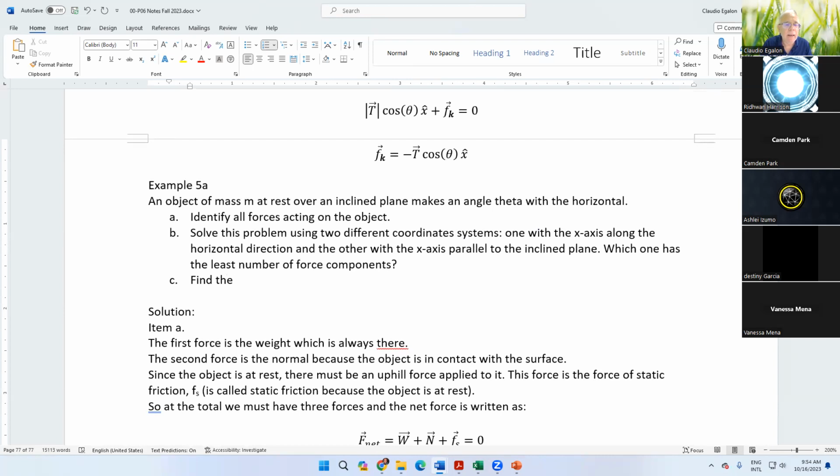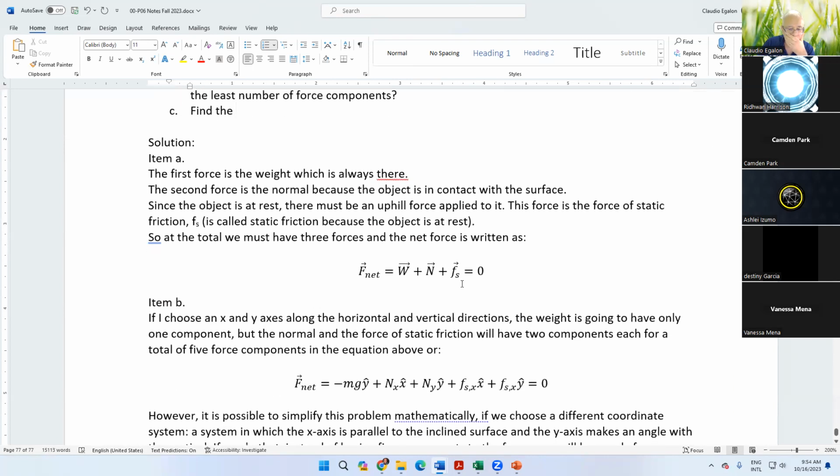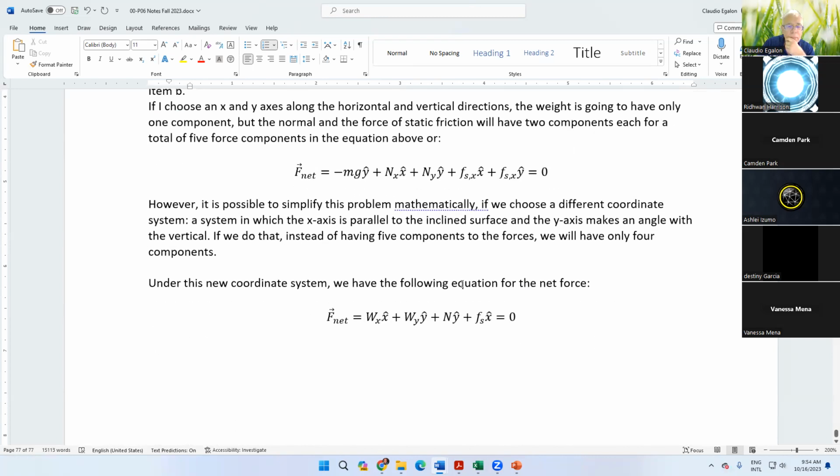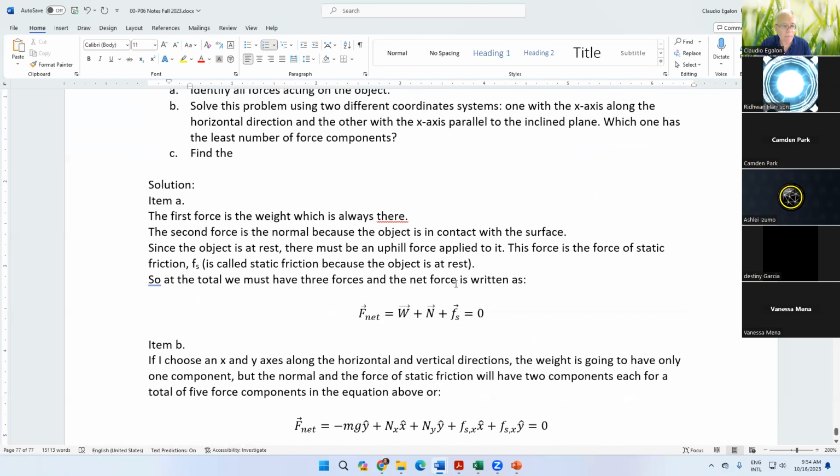The next item: find the value of the normal and frictional forces.